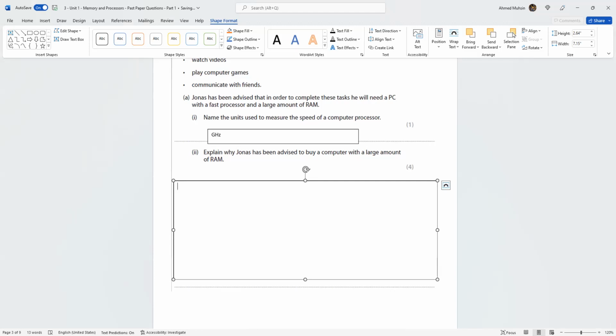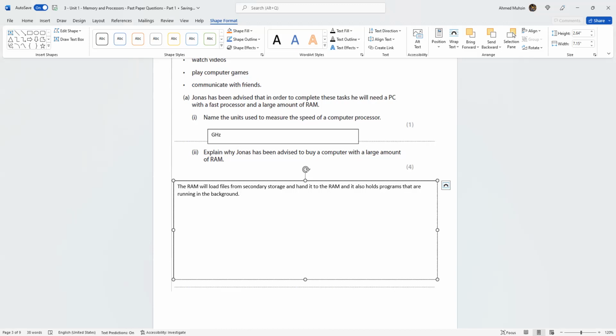You can say the RAM will load files from secondary storage and hand them to the processor, and it also holds programs that are running in the background. Now you have shown the examiner that you know the function of the RAM.